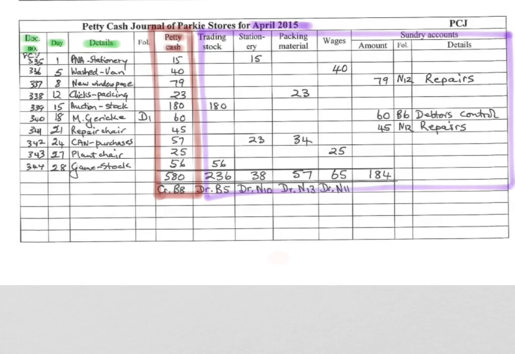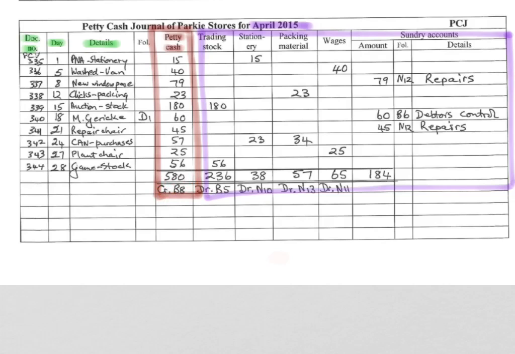So the petty cash column is the main column in this journal. The total of every petty cash voucher is recorded in the petty cash column. At the end of the month, this column is totalled, and the total is posted to the credit side of the petty cash account.